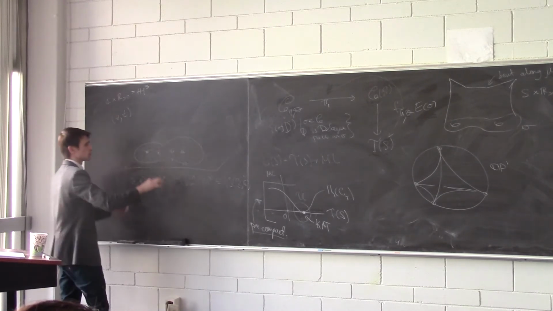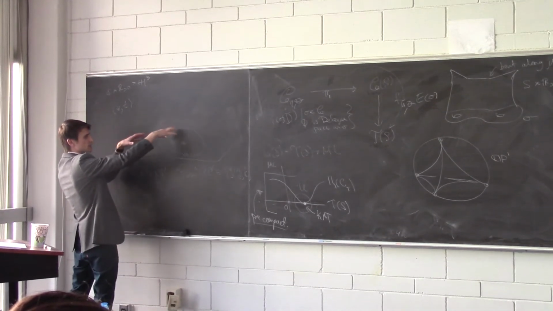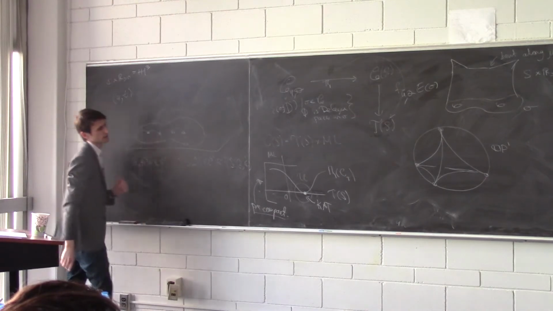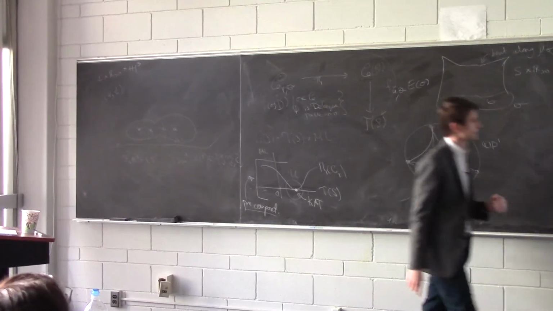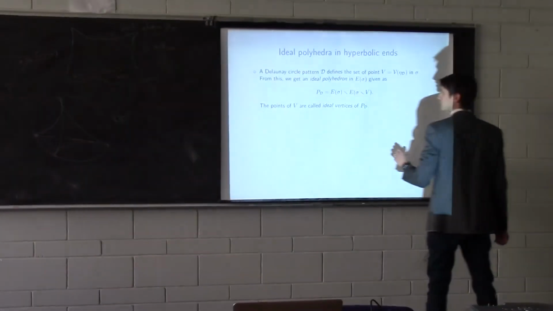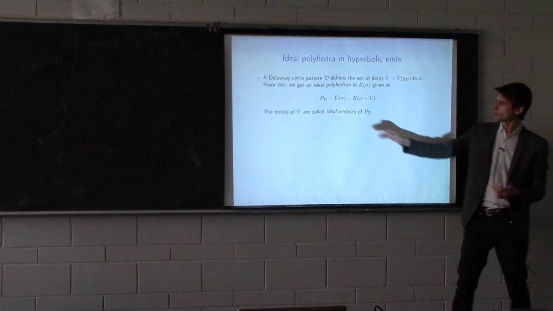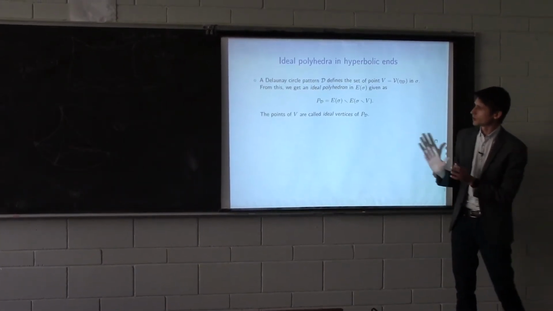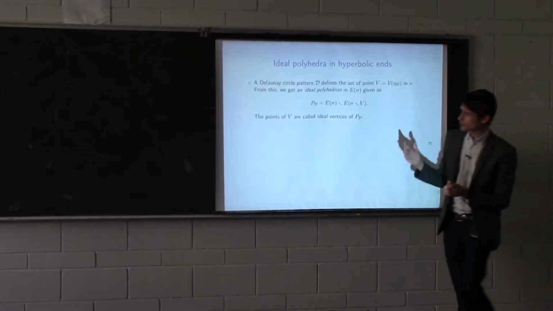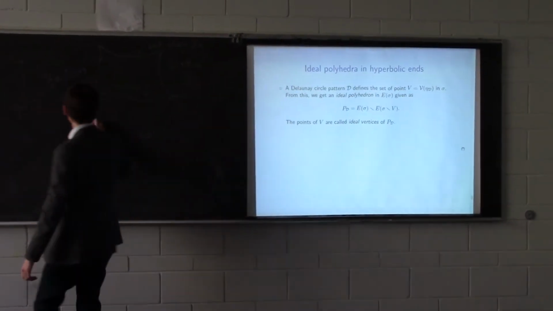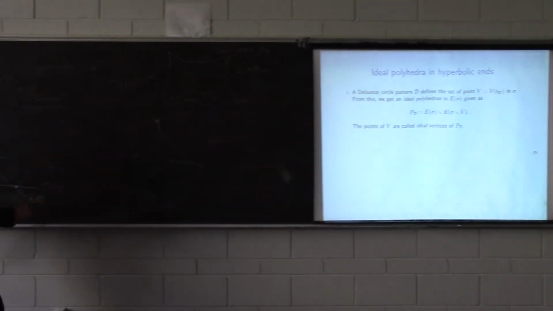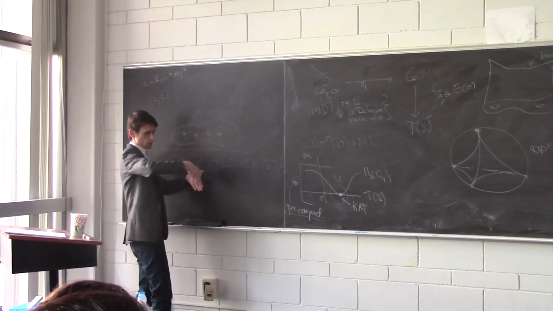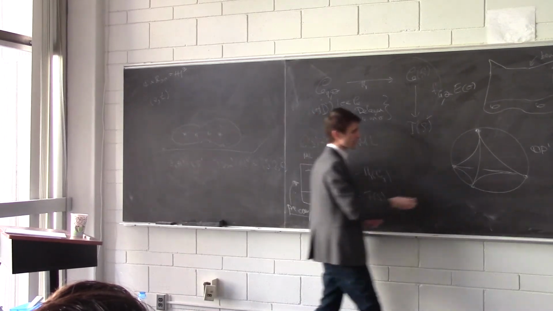So you look at the stuff that's between the measured lamination sigma down to the convex hull of the points. Essentially, you take the end for sigma and you cut off the end for sigma minus V, whatever exactly that means. And that gives you something that looks very much like an ideal polyhedron. By that I mean that near a vertex, it looks like a multi-sided thing that meets in several ways.